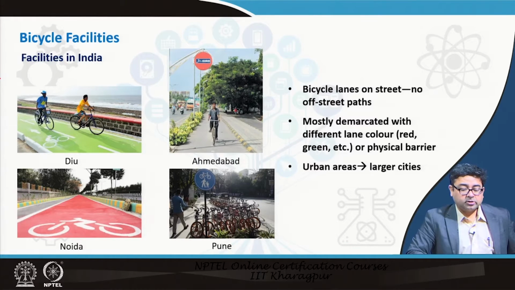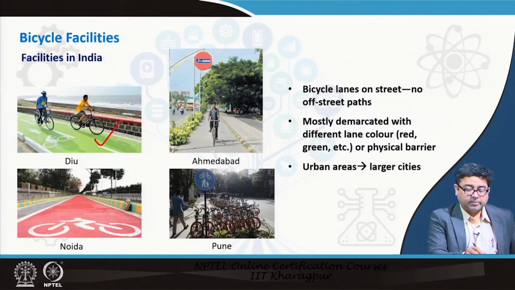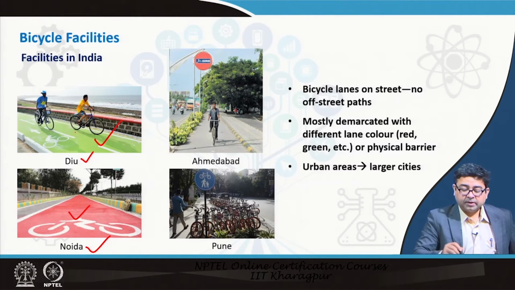In India also we have these facilities coming up. They may be in Noida, where they are colored red. In Daman and Diu they are green. Ahmedabad has some dedicated bicycle lanes segregated from the main traffic, and so has Pune.